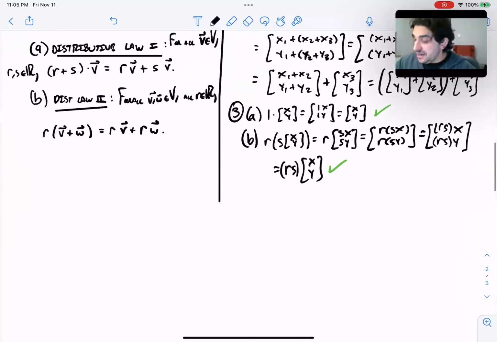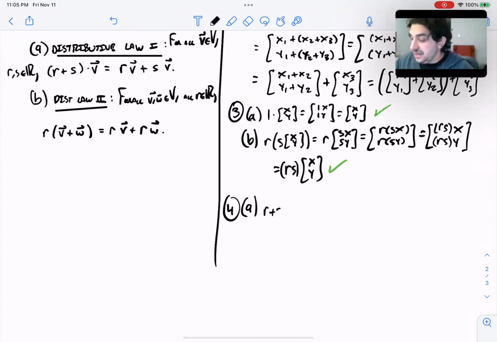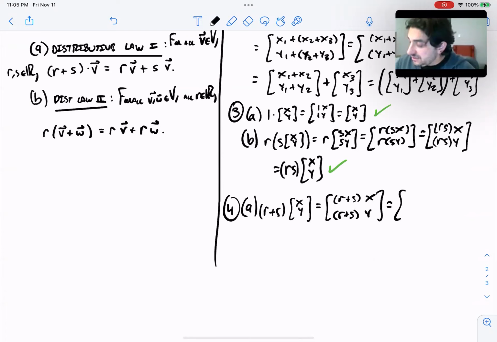And again, you can check these by just calculating. So you could say, I pick arbitrary real numbers r and s, I pick an arbitrary vector v in V, which in this case is the plane. I say this is (r plus s)x, (r plus s)y. I distribute that, I get rx plus sx, I get ry plus sy.